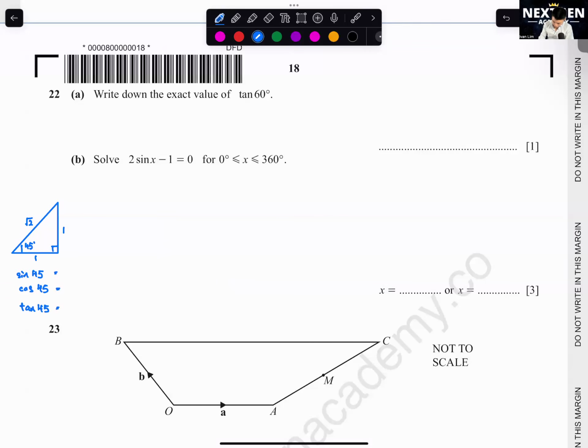So 1 over root 2, 1 over root 2, tangent is 1. So you draw a right angle triangle with sides 1, then your hypotenuse will be root 2.